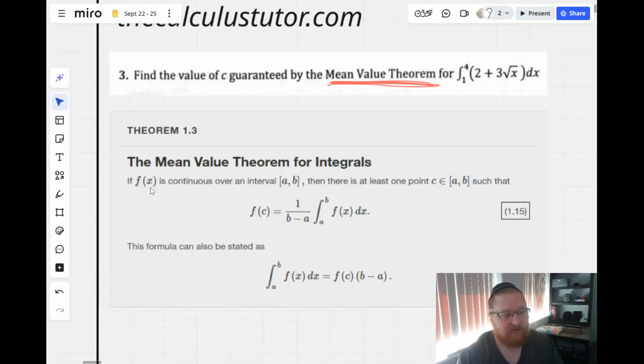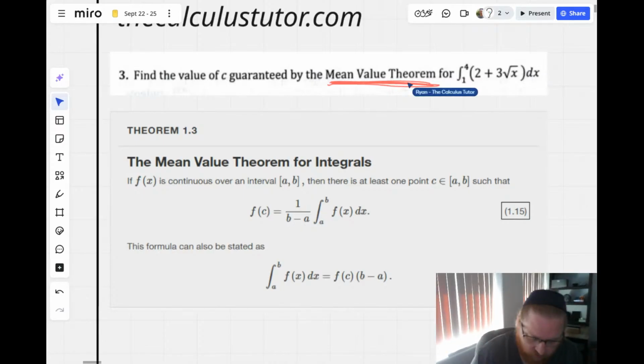If a function is continuous on some interval, then there is at least one point within that interval, from a to b, some x value bigger than a but lower than b, we'll call it c, that if you plug that value into the function, you get the formula for the average value. So it's exactly what I just said. There's a place where the function is equal to its own average value over that same interval.